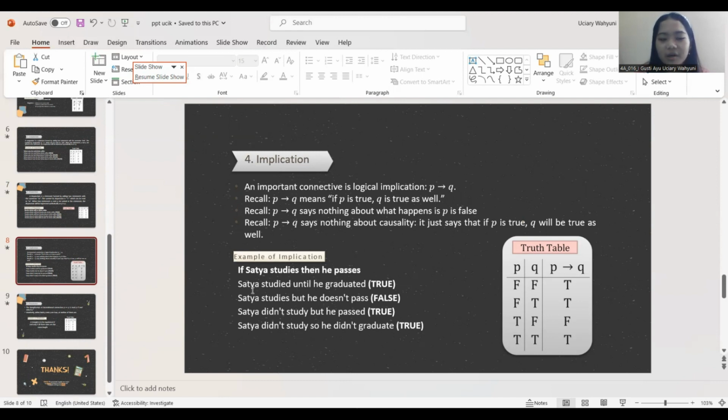The implications are: Satya studied until he graduated. The sentence is true. Satya studies, but he doesn't pass. The sentence is false. Satya didn't study, but he passed. The sentence is true. Satya didn't study, so he didn't graduate. This sentence is also true.